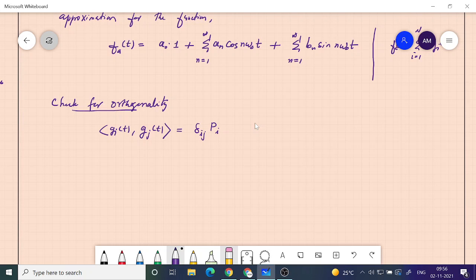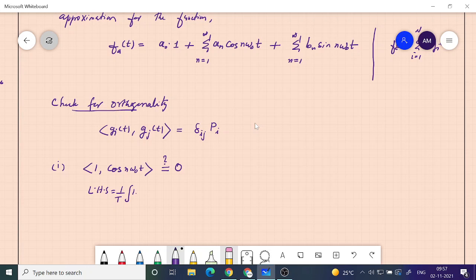So let us start with number 1. I can take 1 and cos(n omega 0 t). These are two different functions in the set, so I should get 0. I have to check whether this is 0. So the LHS is the first function times the conjugate of the second.